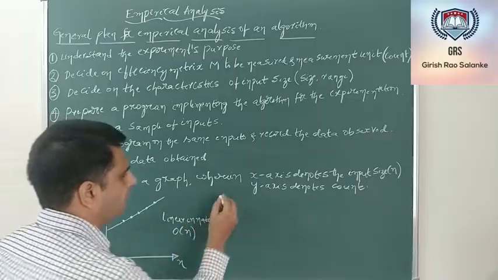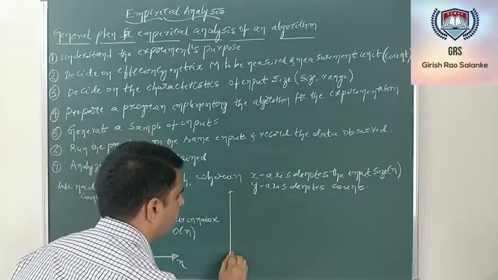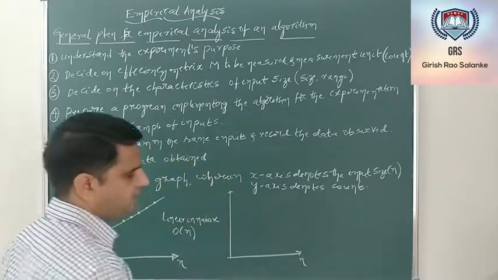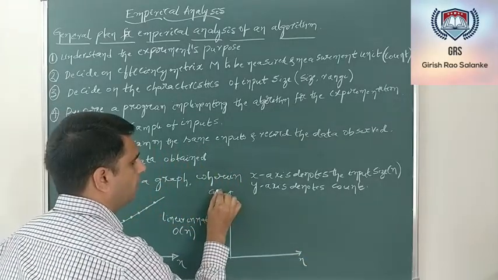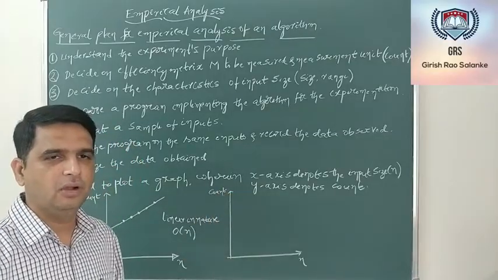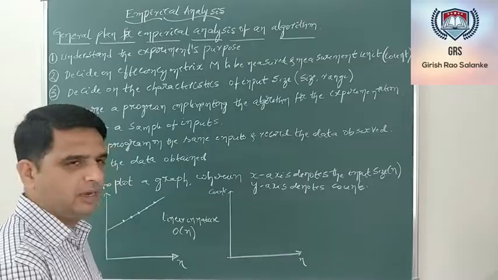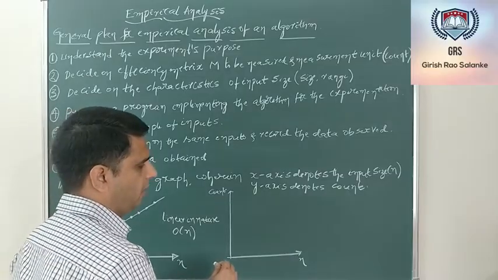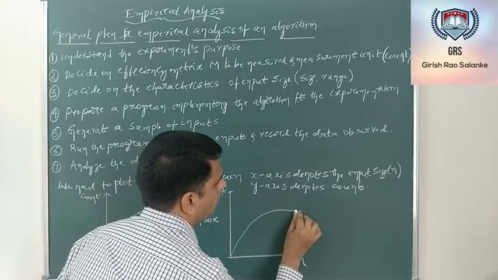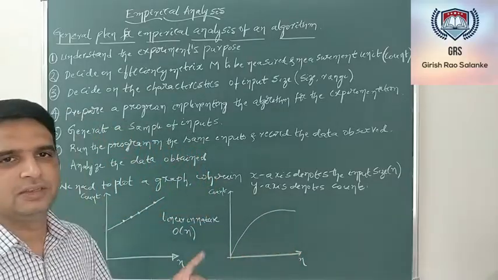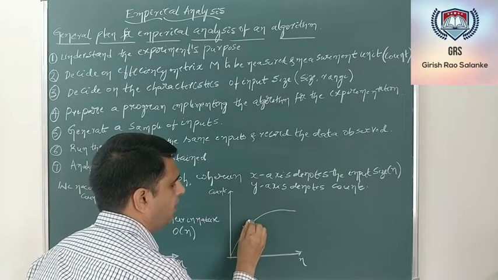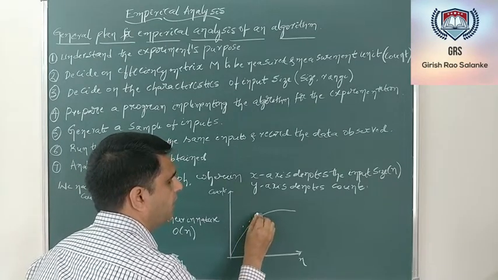Second thing, on plotting a graph with my x-axis as n and my y-axis as count, let me assume that the points I have got are a point here, a point here, a point here, and something like this.